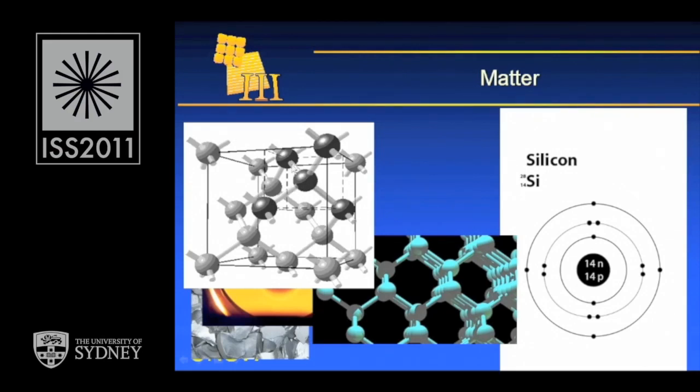Each silicon atom has 4 electrons in its outer shell, and each of the other atoms it's attached to contributes another electron, so you get 2 shared electrons in these bonds attaching the silicon atoms together, forming this very stable structure with each silicon atom attached to 4 others.